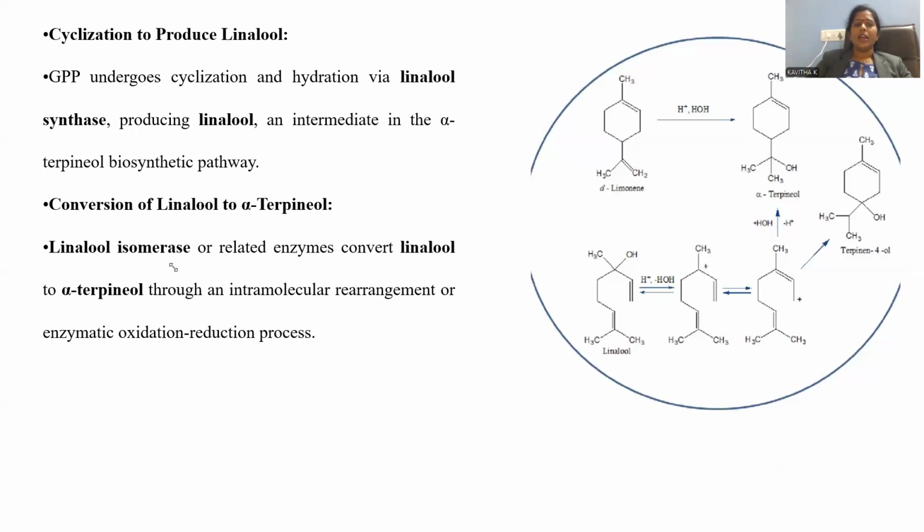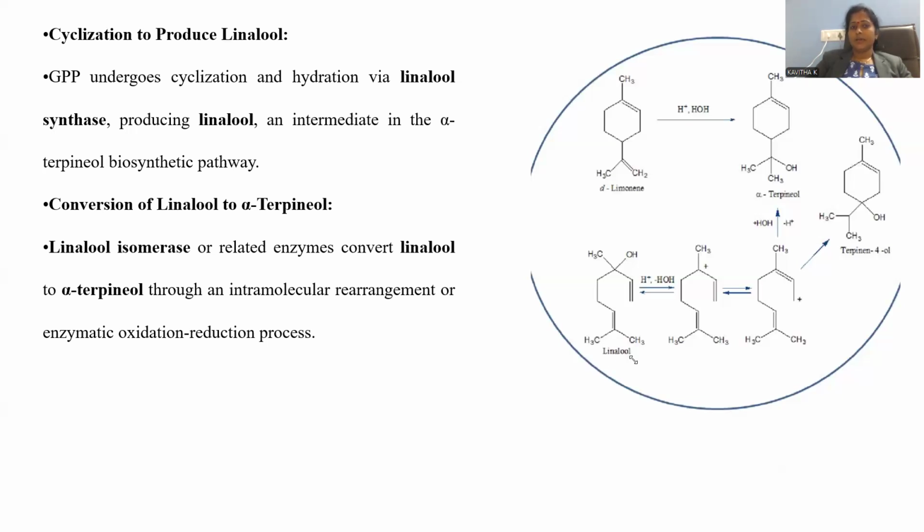So this is the way the biosynthetic pathway is clearly mentioned. We have to start with acetyl coenzyme A, and the entire mechanism proceeds with the mevalonic acid pathway. IPP and dimethylallyl pyrophosphate are the two precursors for the synthesis. They are further transformed into GPP. GPP further gives rise to a new compound, linalool.